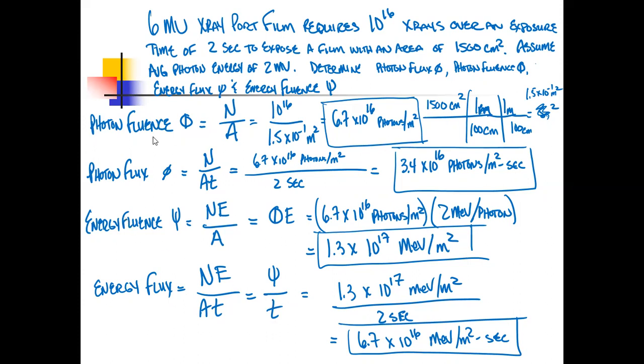The fluence is basically the activity itself. If it's photon fluence, you're looking at the number that's coming through divided by the area. If it's energy fluence, you're looking at the number multiplied by its energy going through a particular area. So the energy flux is going to be this number divided by the time in which it happens, and then we come up with this 6.7 times 10 to the 16th MeV divided by meter squared dash second.